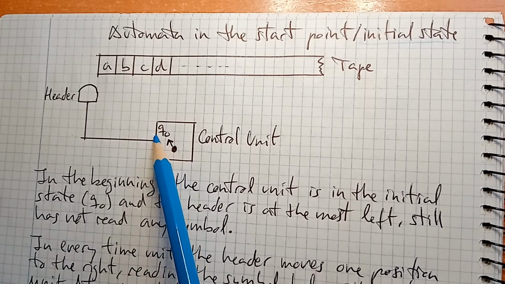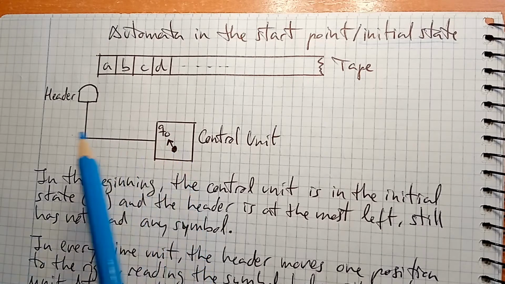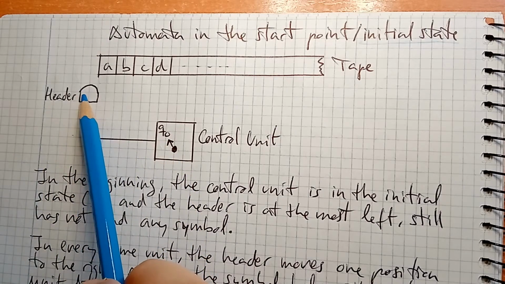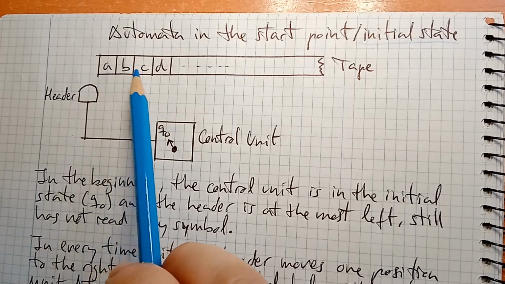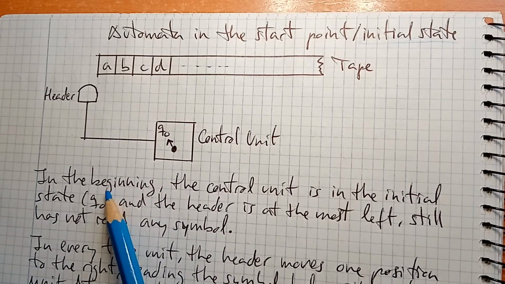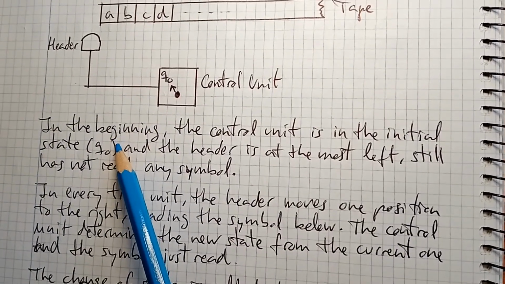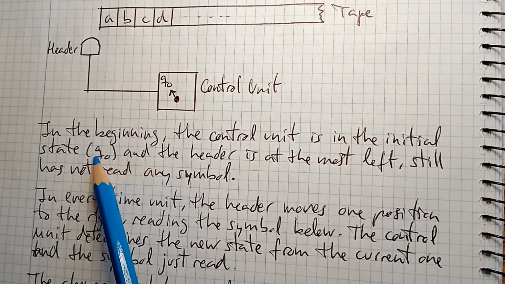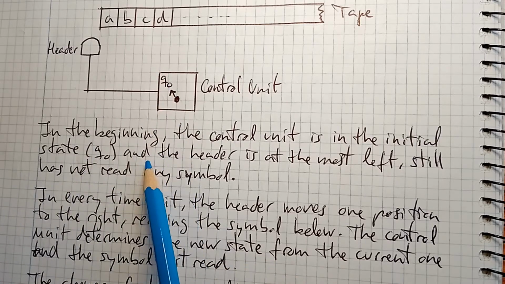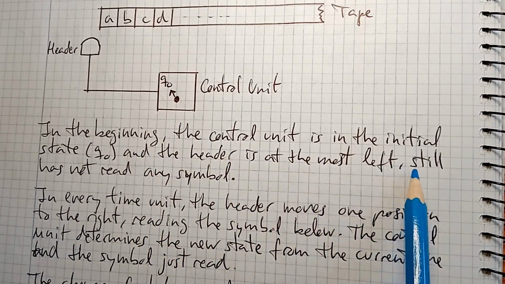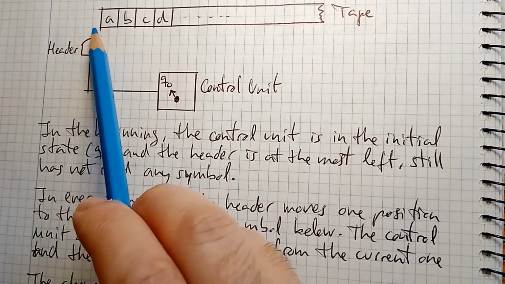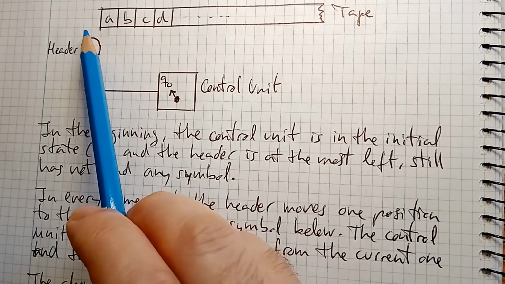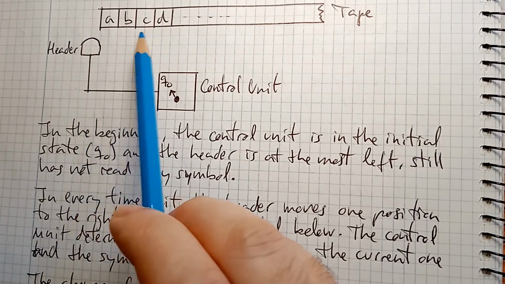It begins with Q0 when the header still has not read any of the symbols. In the beginning, the control unit is in the initial state Q0, and the header is at the far left, still has not read any symbol, and it reads from left to right.